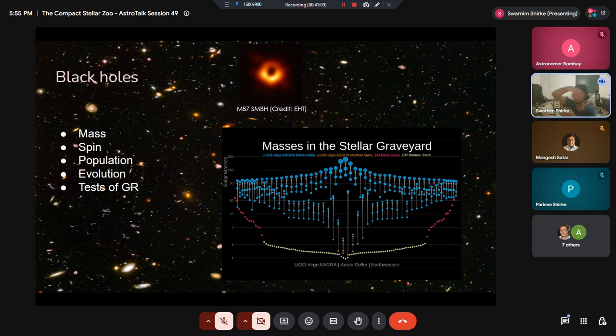Basically, this waveform also tests our theories. So the theory of general relativity is the state-of-the-art theory of gravity. And gravitational waves are also predicted by that theory, and we check whether what you observe and what the theory predicts match. So these tests are also done using gravitational wave physics of these compact objects, in particular black holes.